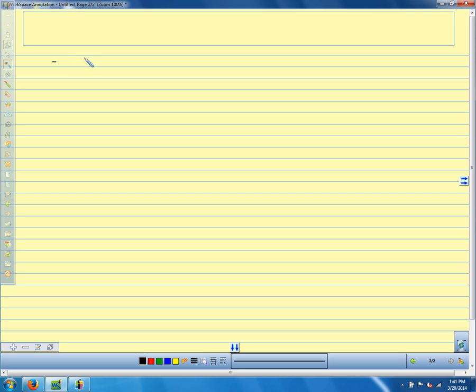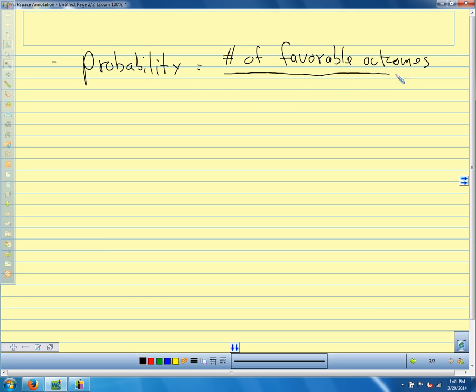So our probability is the number of favorable outcomes, so those are the ones that we're interested in, divided by the number of possible outcomes, the total possible outcomes.